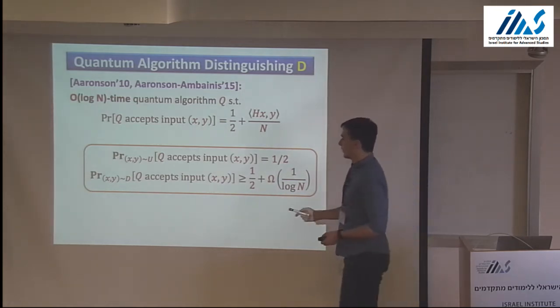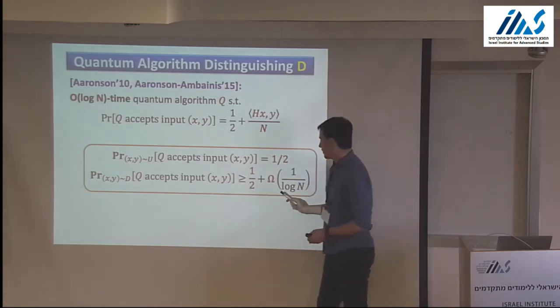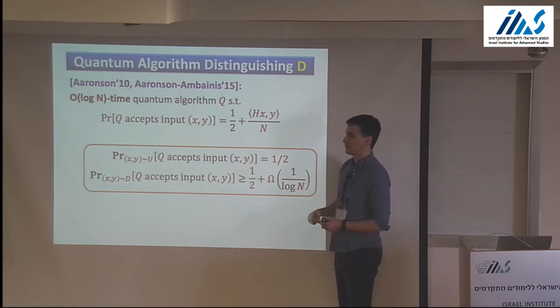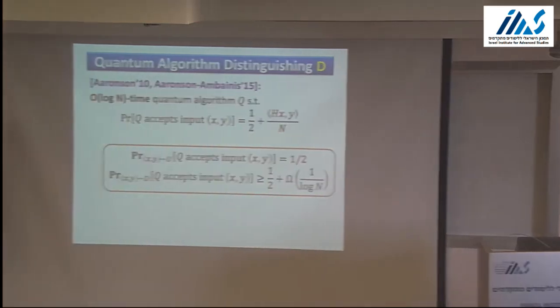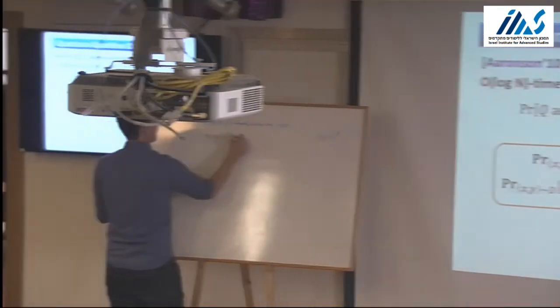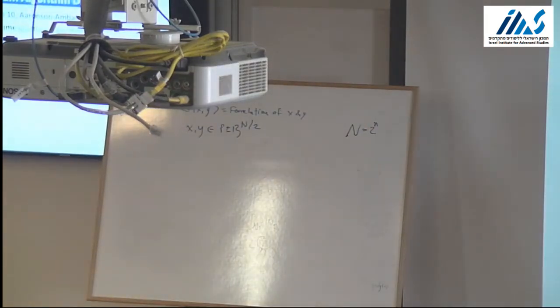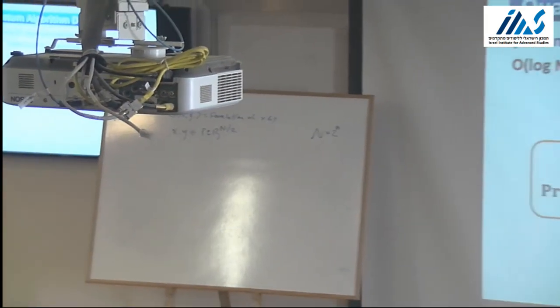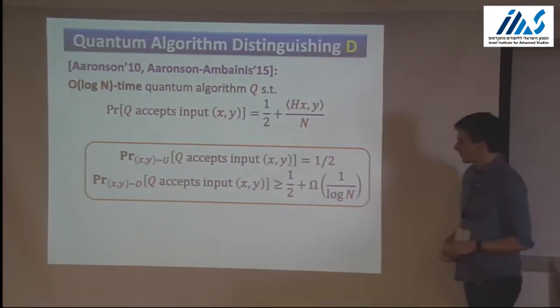What would happen when you take the distribution D? Well, I claim that x and y are ±1 or 0, 1? ±1. Everything is ±1. Sorry. What would happen when you take the distribution D? Right?